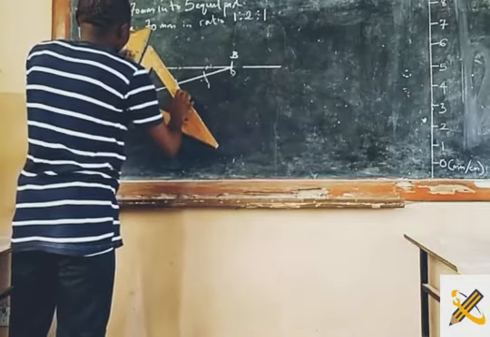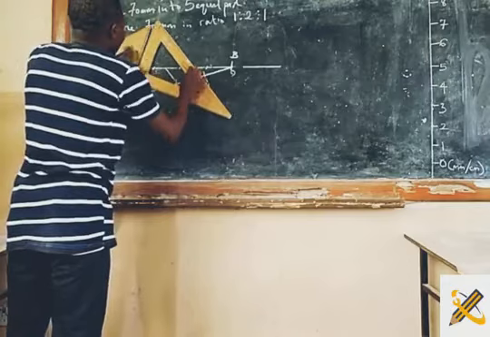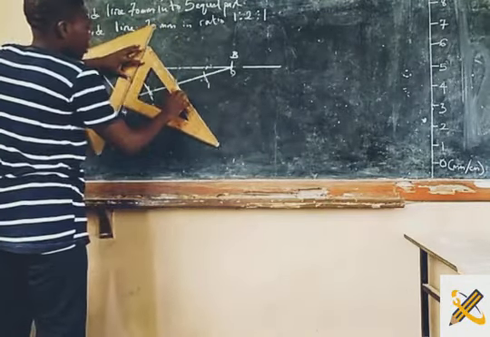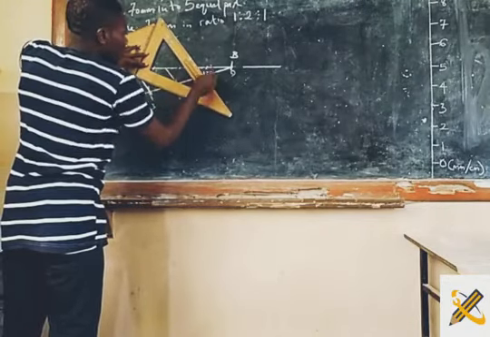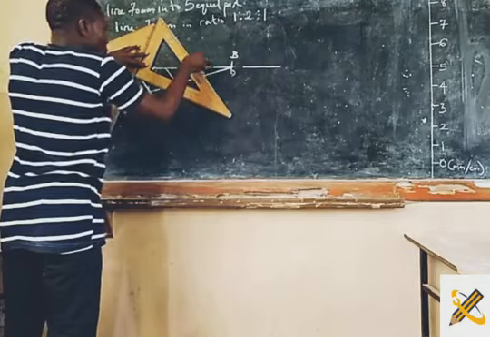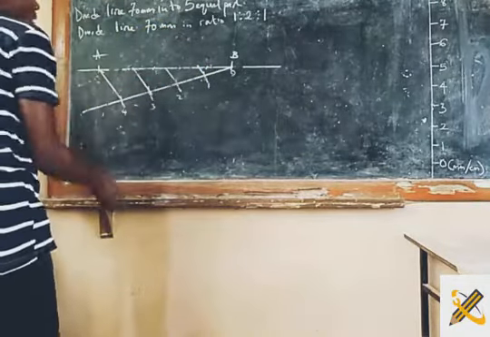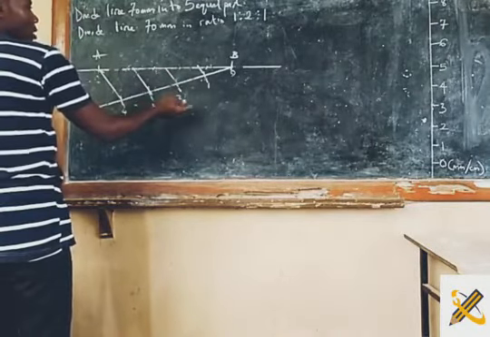So then from this point, I'm going to slide to what? To the last point here. Slide to that last point here, then I'm going to draw. Alright. So I'm done. So automatically I don't need this. I'm going to remove. Yeah, so that's just it.